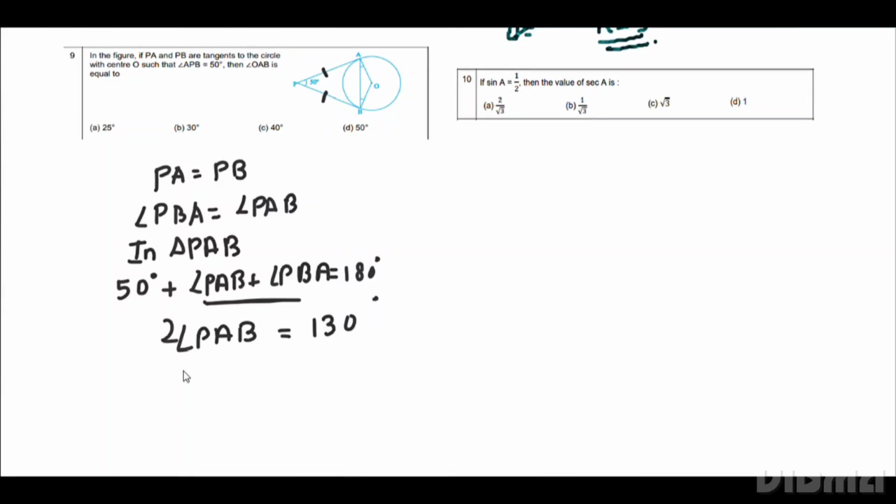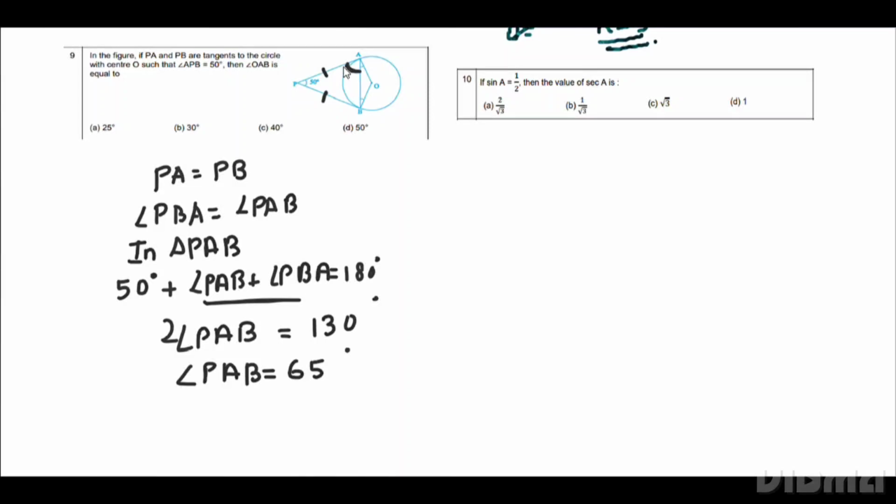And then I can write PAB is 65 degree. Let me erase this and do it properly. Oh, I got PAB as 65. So this is my 65 degree.